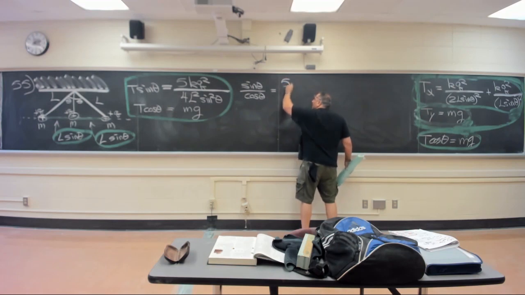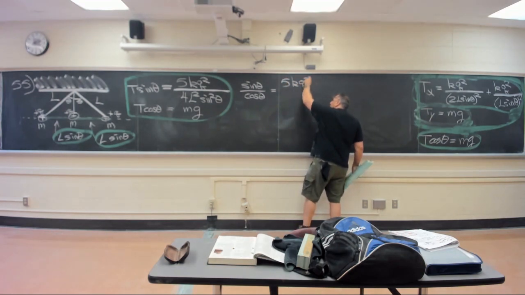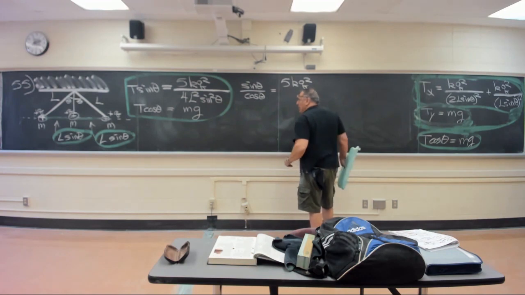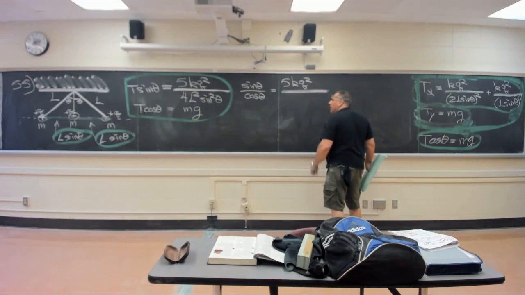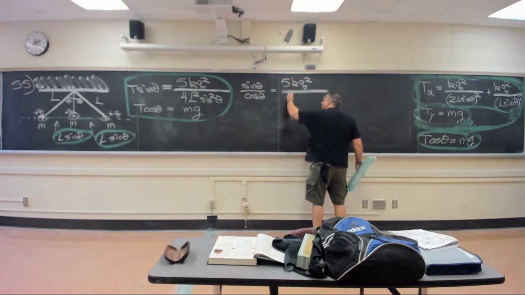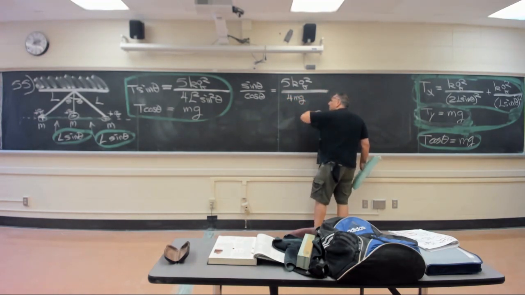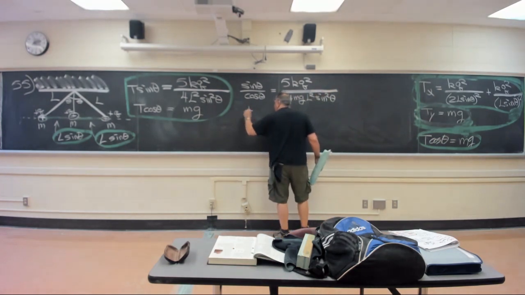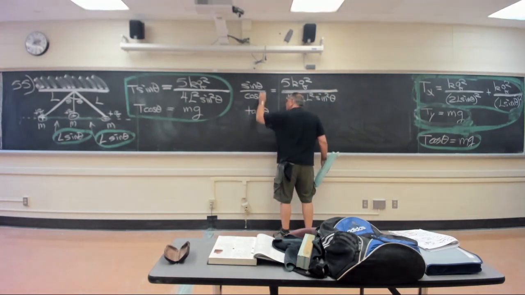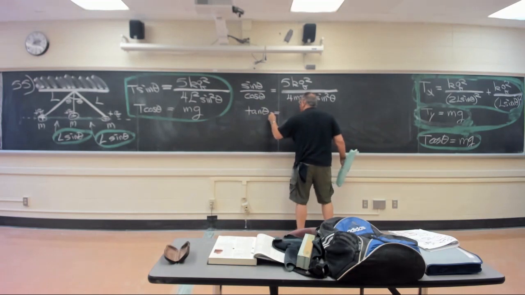You got 5q squared over 4mg L squared sine squared theta. Sine theta divided by cosine theta is tan theta.